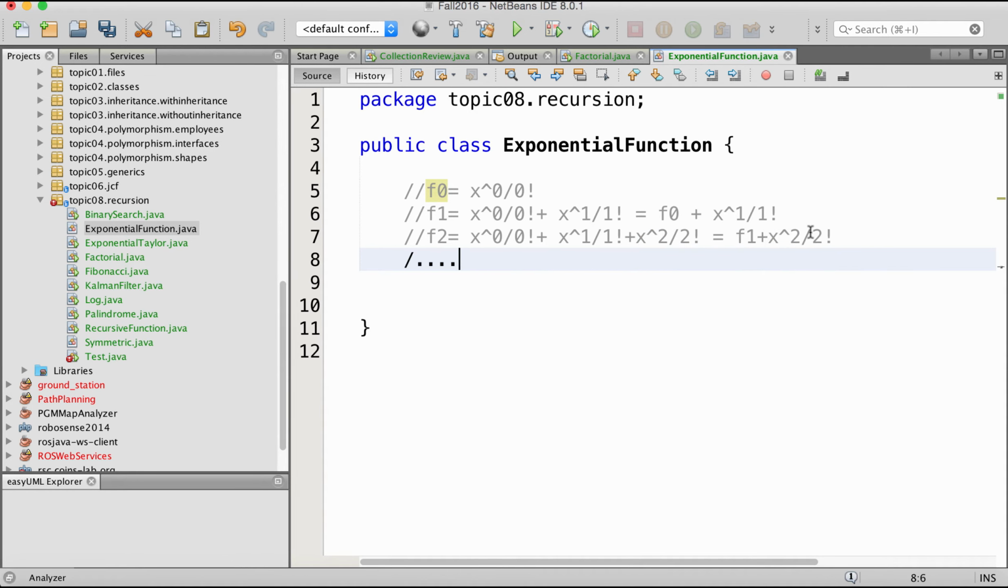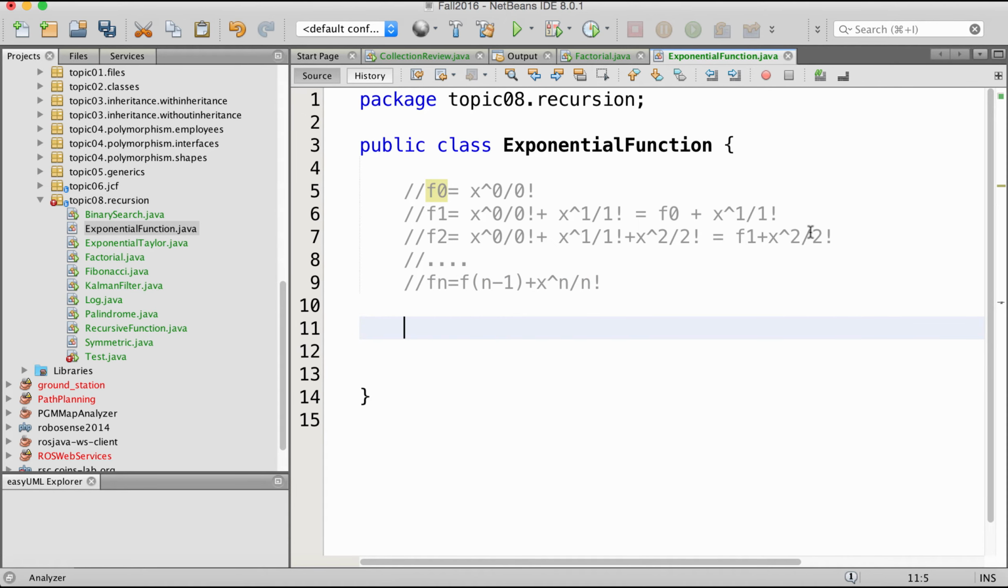So if we write down several times, we can write f(n) equal to what? f(n minus 1) plus x^n divided by n factorial.